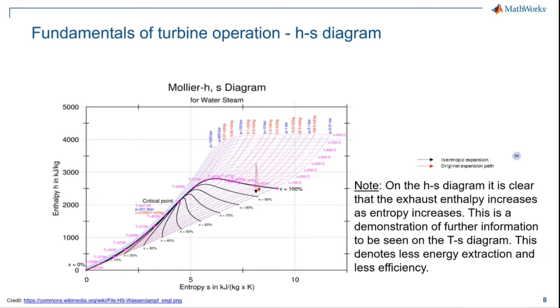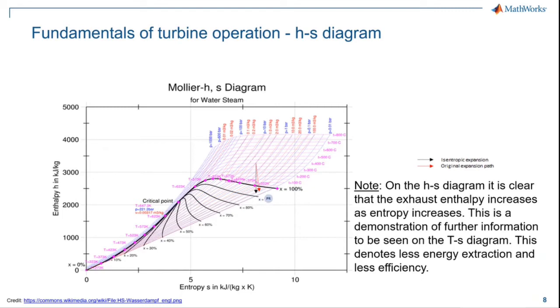Going forward into a Mollier diagram, or an enthalpy-entropy diagram, here we can see 2 cases of expansion: isentropic expansion in the black arrow, and the real expansion process in the red arrow. What that shows is that in a real steam expansion process, going from a superheated condition into a saturated condition, we get an increase in the entropy.